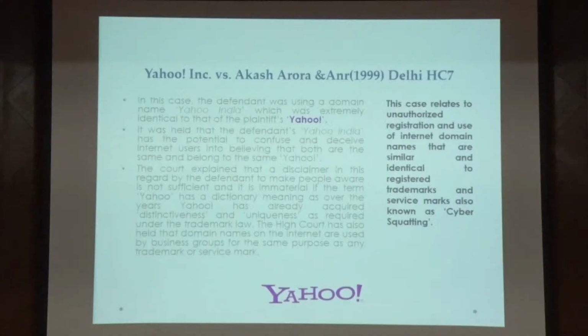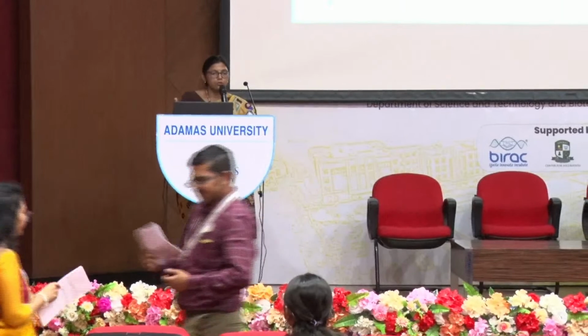This is also an example of another very important case. Yahoo we know is a big brand name, but some company started using Yahoo in their portal, and litigation came up, and they were not allowed to do so, because this is already a well-known name. People using the internet may get confused that it is the same Yahoo company.